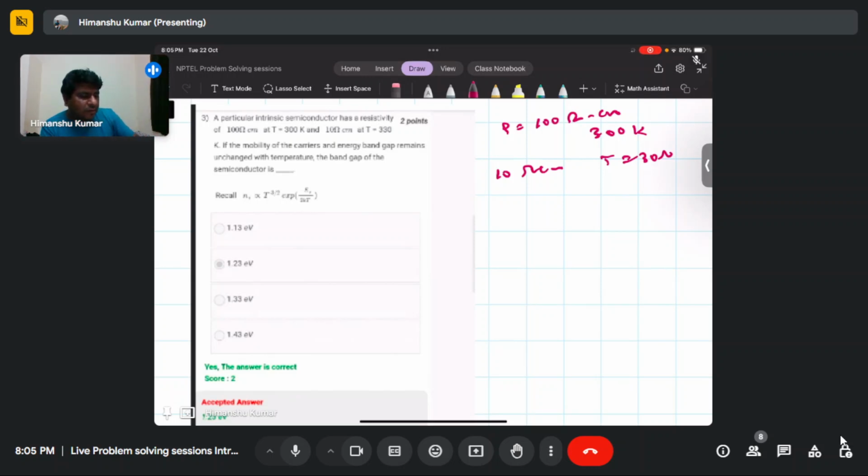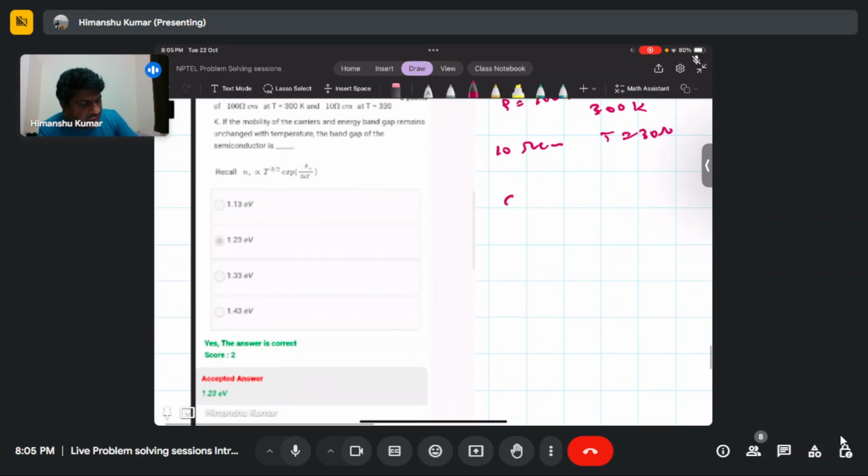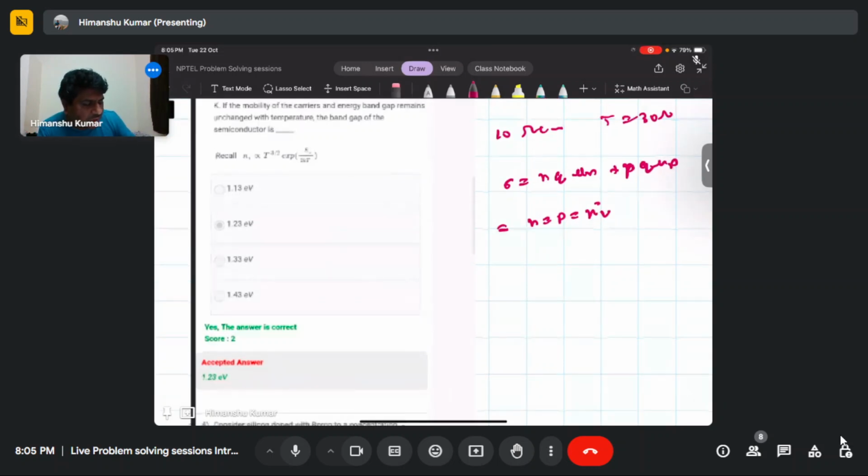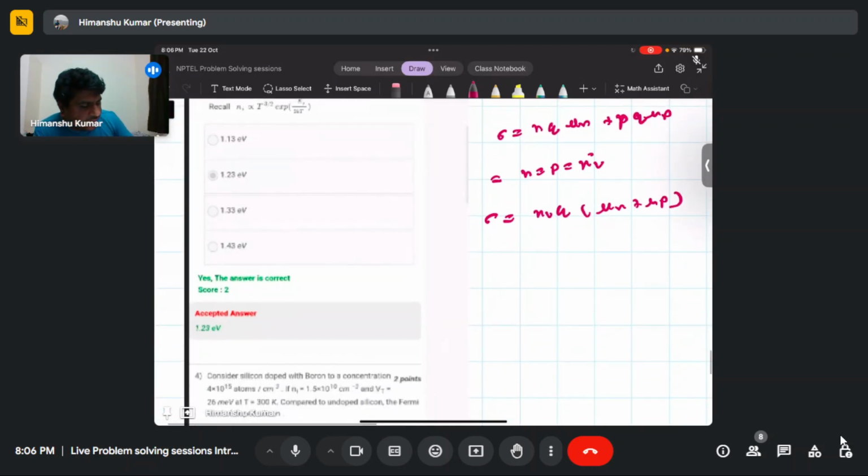Your conductivity is given as n q mu n plus p q mu p. For an intrinsic semiconductor, n equals p equals ni, so your conductivity will become ni times q times (mu n plus mu p). The resistivity is just inversely proportional to the conductivity.